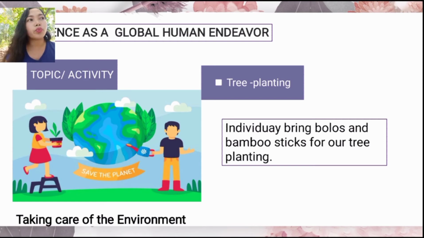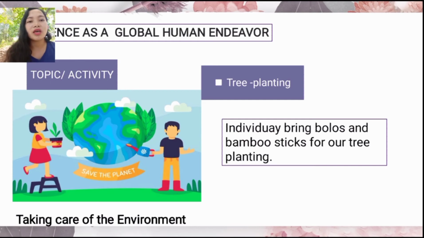We need to provide something, or we need to return what we take from it. Our plants have been decimated because there are many illegal loggers, and many phenomena happen because of our abusive acts in this planet. So I would suggest taking care of the environment.